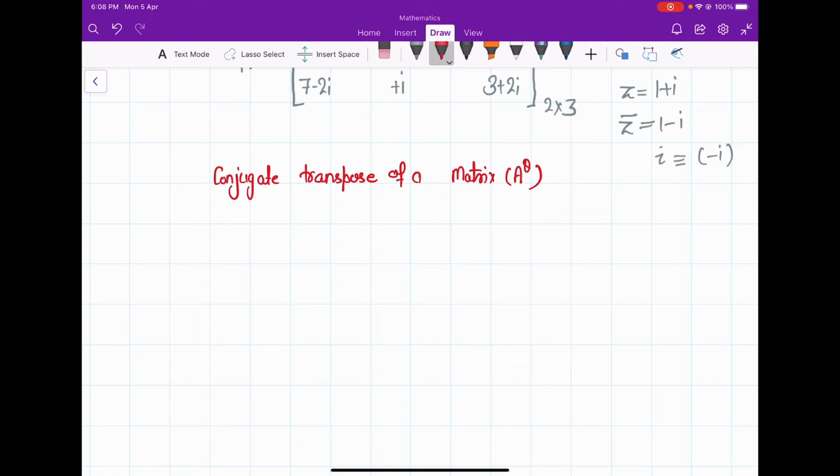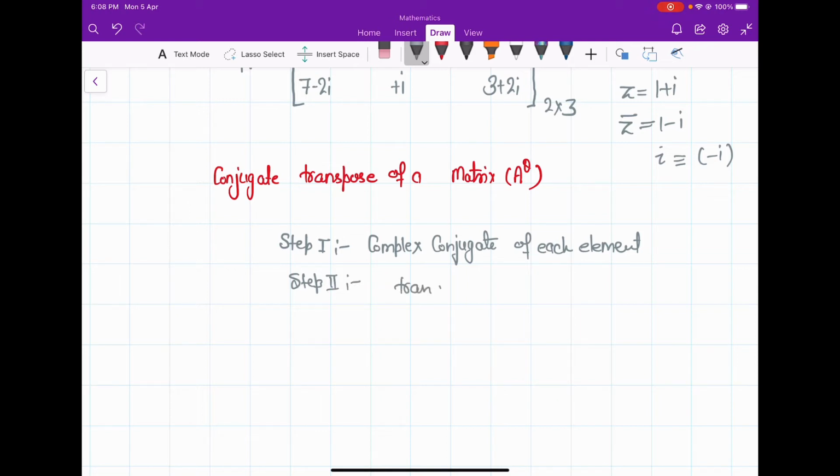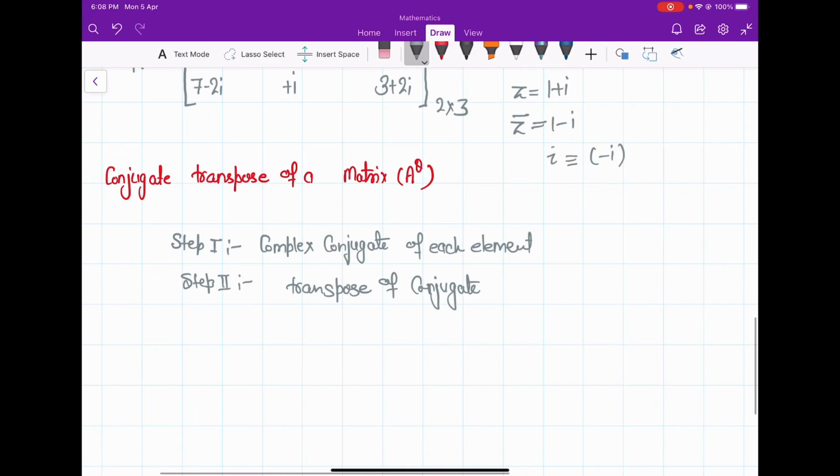In this type of matrix, in step 1 you have to find the complex conjugate of each element, and in step 2 you have to take the transpose of the conjugate matrix which is obtained from step 1.